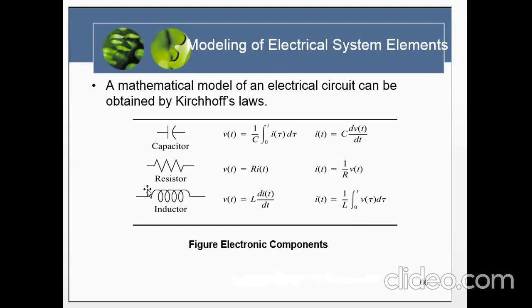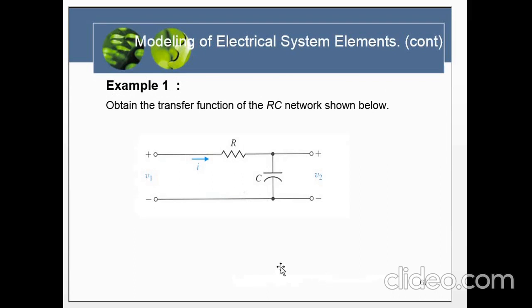This concept is very important when you want to derive the mathematical model of an electrical system. Okay, there is the example: obtain the transfer function of the RC network shown below. This is a simple circuit.